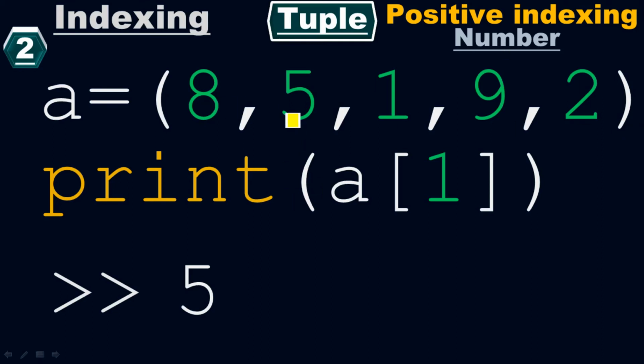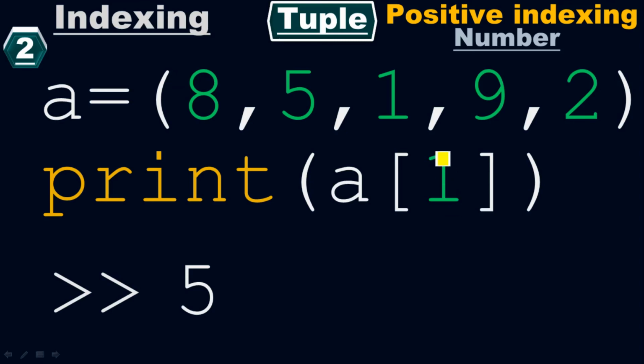When you run it, you will get 5 in the final output. Again, I repeat, the only difference here is the parentheses. Last time for the list we were using the closed brackets, but for the tuple we are going to use the parentheses. The rest of the process is absolutely the same as what we did for the list.